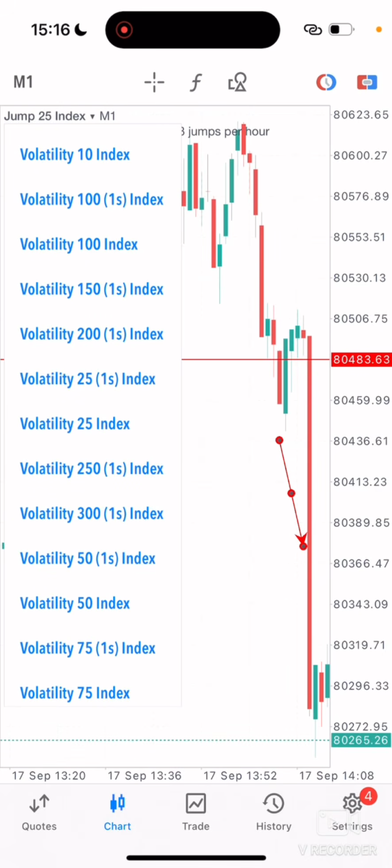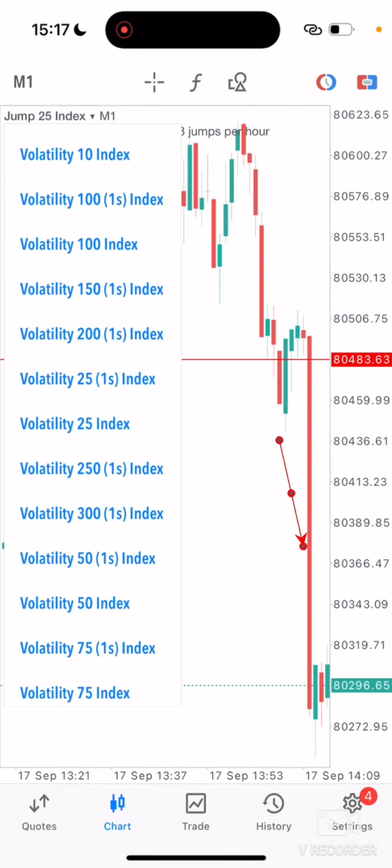Now, before you get to this level in trading, before you get to the level of preferring to trade only one pair or becoming very perfect on one particular pair, there are things you need to know. There are other things you need to perfect. There are things that you need to be good at already before you get to the level of sticking to one pair.